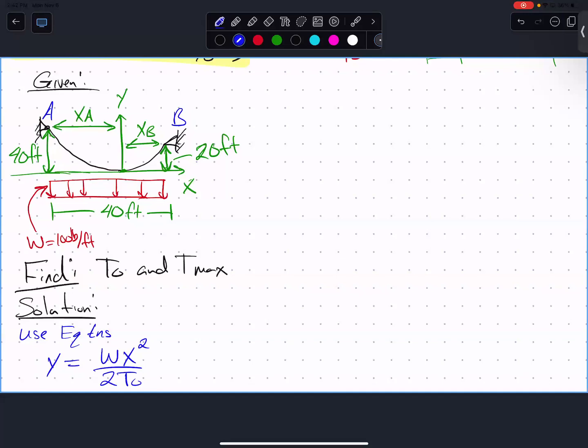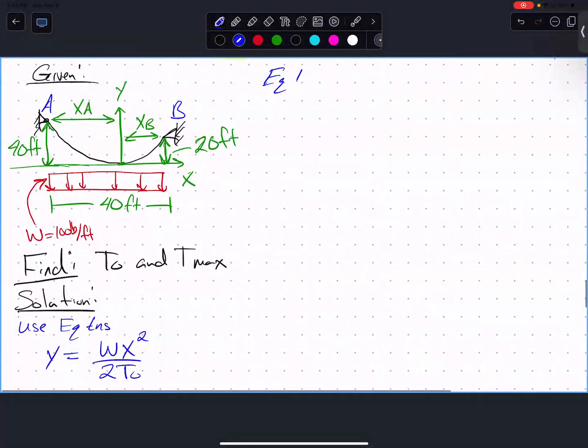And what we'll do is we're going to have equation 1. Equation 1 is going to be using the fact that we know at A, y is 40 feet, and then we have w times xa squared over 2 T naught.